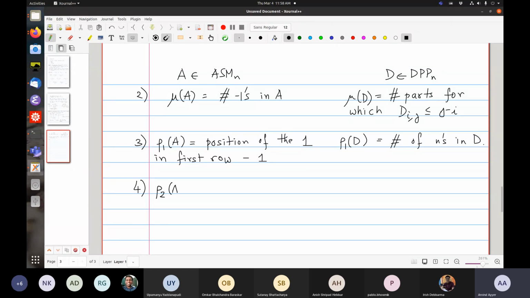And lastly, rho 2 of A. For the first row I did this; I do the same thing for the last row, but I count from the right. So this will be n plus 1 minus the position of the 1 in the last row.